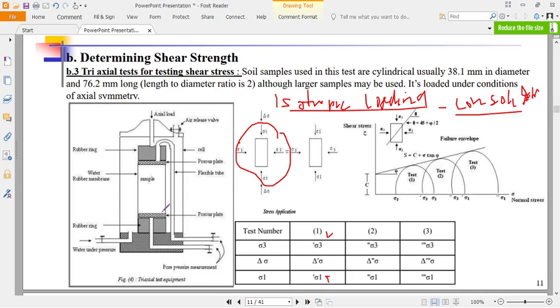The pore water pressure reduces, or water moves out. Or unconsolidated: it occurs when the drainage is locked, the valve is locked. Therefore, there's no free drainage.